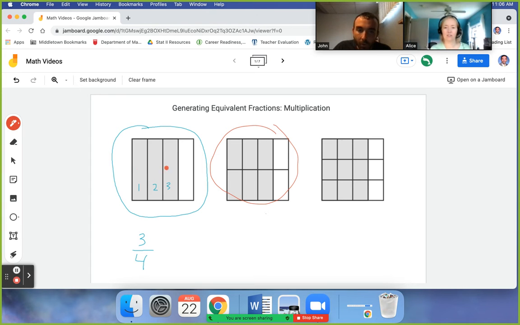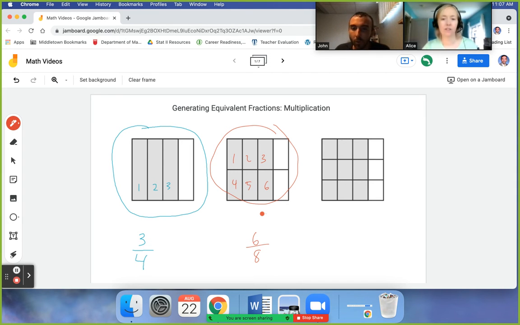Instead of having 4 rectangles total, we drew a line right down the middle here to create now 8 rectangles of equal size. And of those 8 rectangles, I seem to have twice as many now that are shaded. So the amount of shaded area that I have would be 6 out of 8 little rectangles.